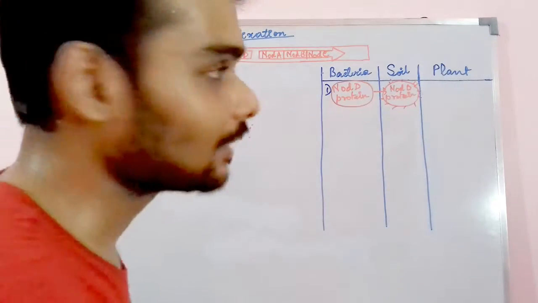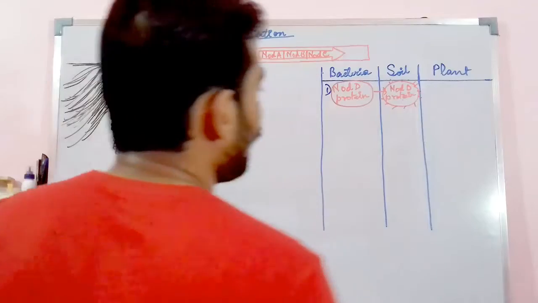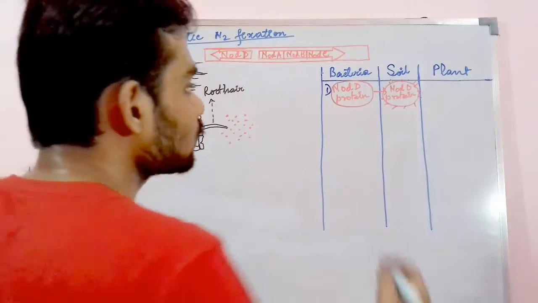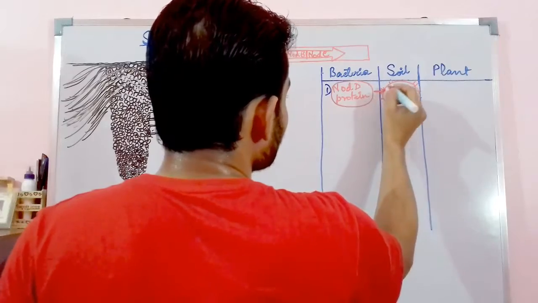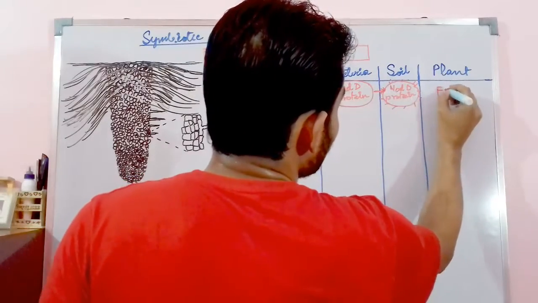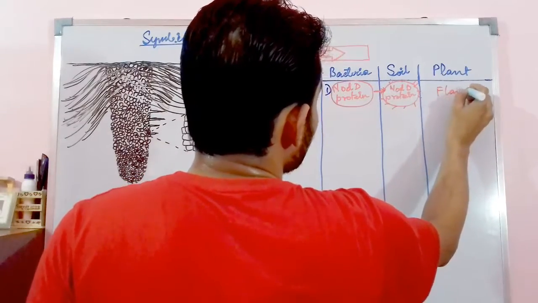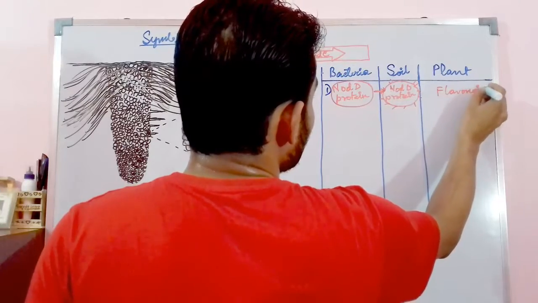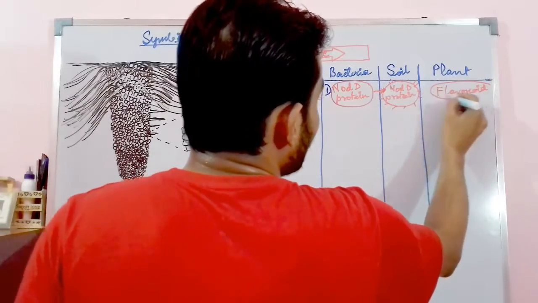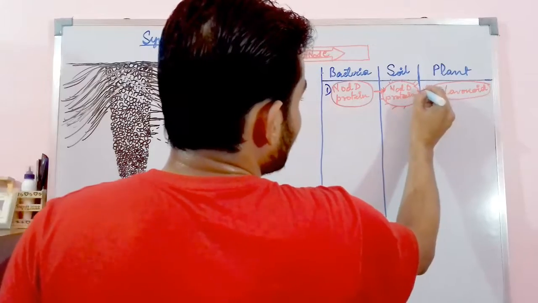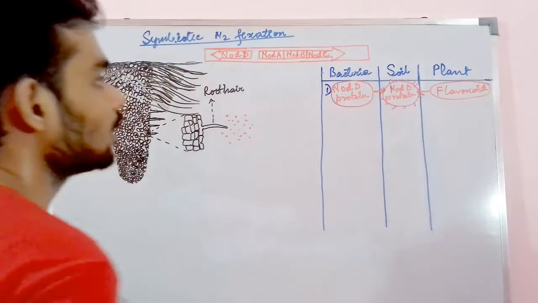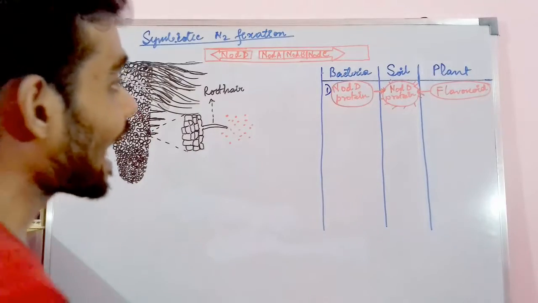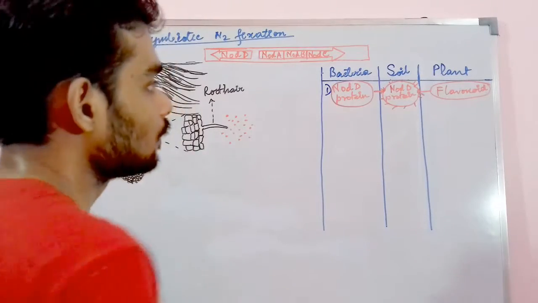How does it activate? The plant body also secretes a phytochemical, a secondary functional compound of the plant body, which is known as the flavonoid. Now this flavonoid comes to the soil and when it comes in contact with the NOD D protein, it will activate the NOD D protein.